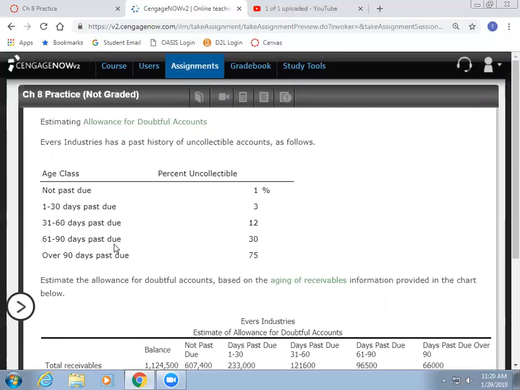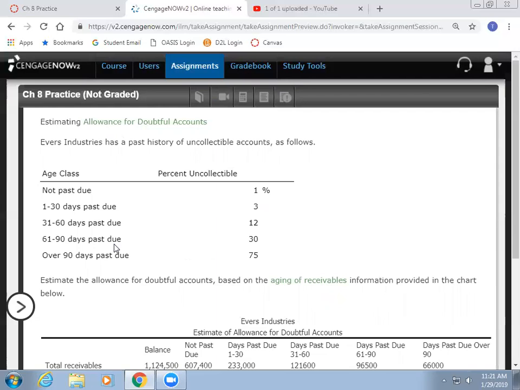When we use an allowance method, this is always the format of our adjusting entry. We're always going to debit bad debt expense and credit allowance for doubtful accounts. In this case, we're doing an aging of receivables, which is probably the most accurate way of determining an uncollectible amount.